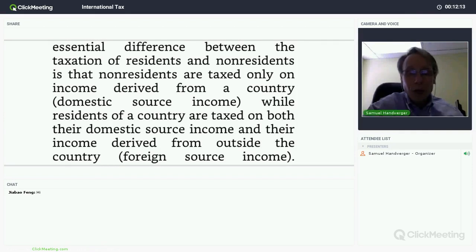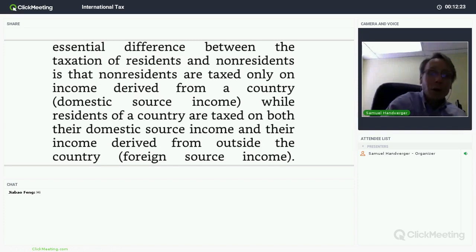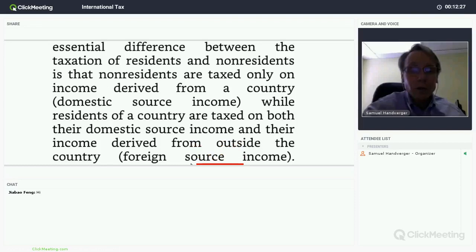Before we go into that, let's see what we have here, which is the difference between residents and non-residents. Non-residents are taxed only on the income derived from the country, whereas residents are taxed on oftentimes a worldwide type of income. So let's go through this slide, and then we'll come back to the concept of worldwide versus territorial.